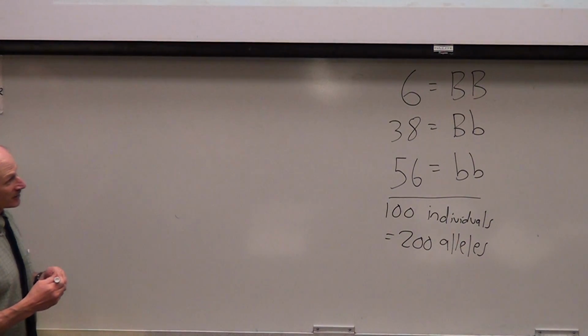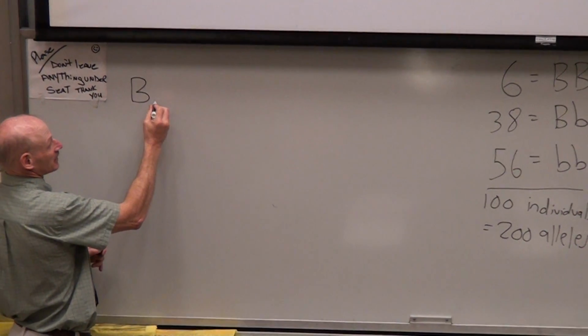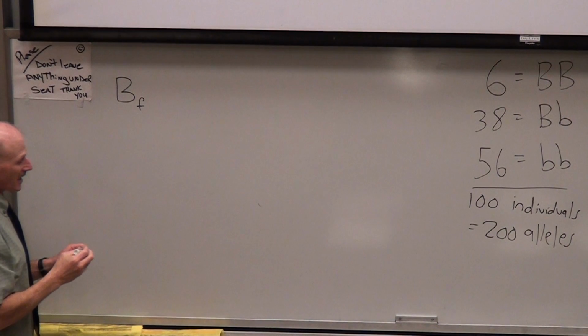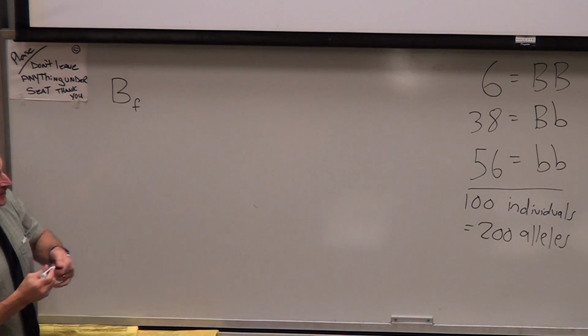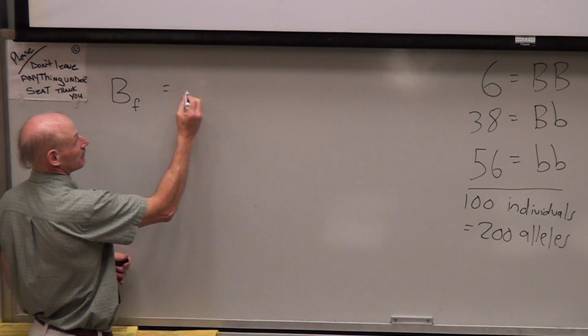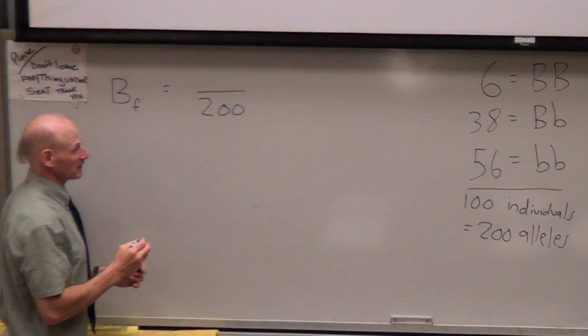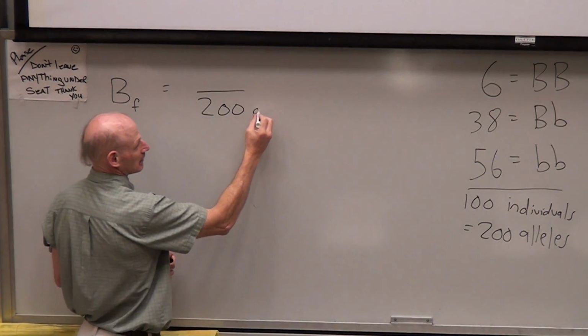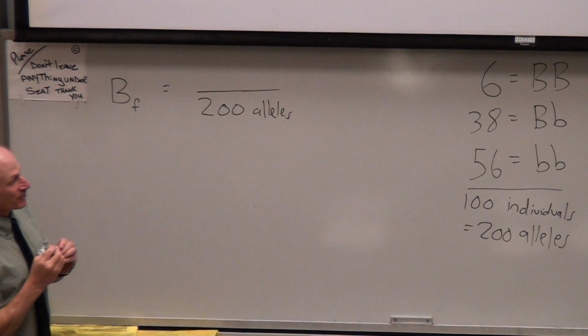If I were to say, what's the frequency of the dominant allele, which I'm going to write like that, frequency of the dominant allele, it's going to be something out of 200, because that's the total number of alleles in the population. How many big B alleles are there in the population?